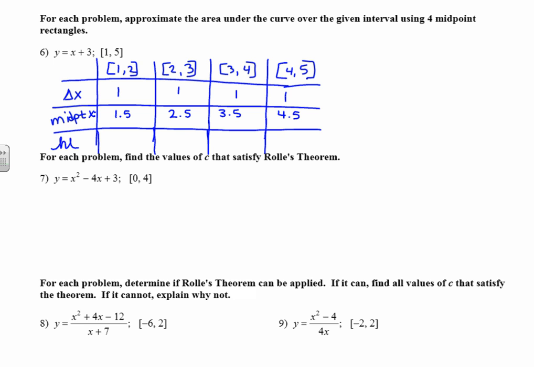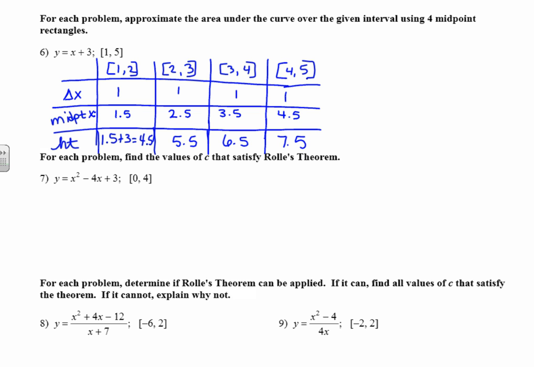So the height of my rectangle. Take 1.5 and put it into the function, and it says y is equal to 1.5 plus 3. That gives me 4.5, doesn't it? 2.5 plus 3 gives me 5.5. 3.5 plus 3 gives me 6.5. 4.5 plus 3 gives me 7.5.